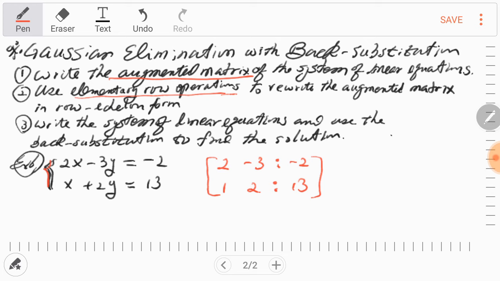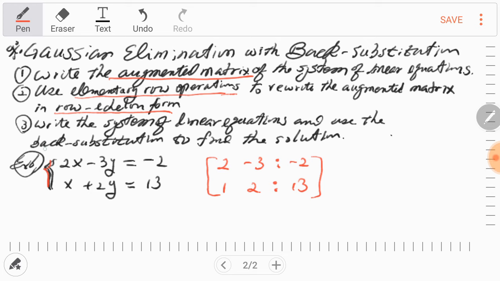And then finally, the result of rewriting the augmented matrix will be in row echelon form. Once we get the row echelon form, then rewrite the row echelon form as a system of linear equations so that we can find the z value first, and then the y value and x value.